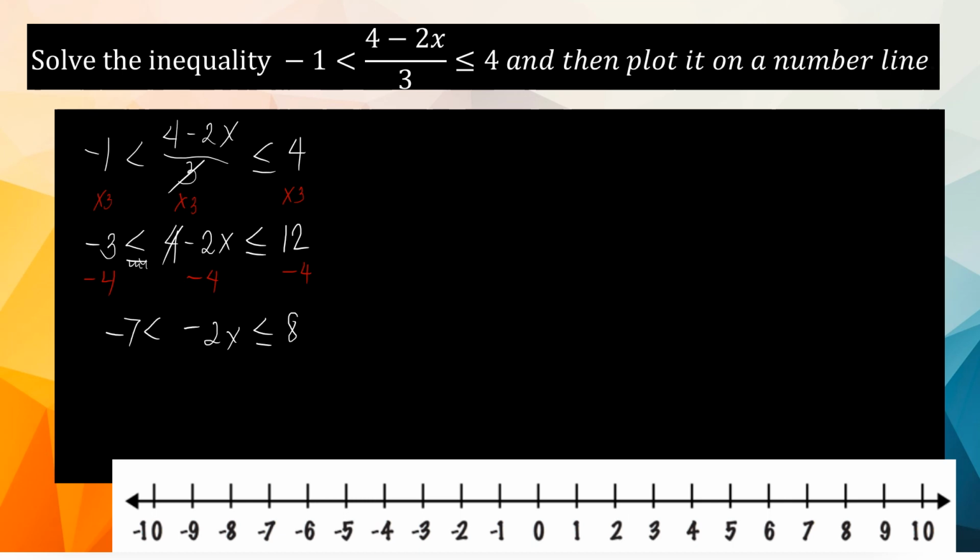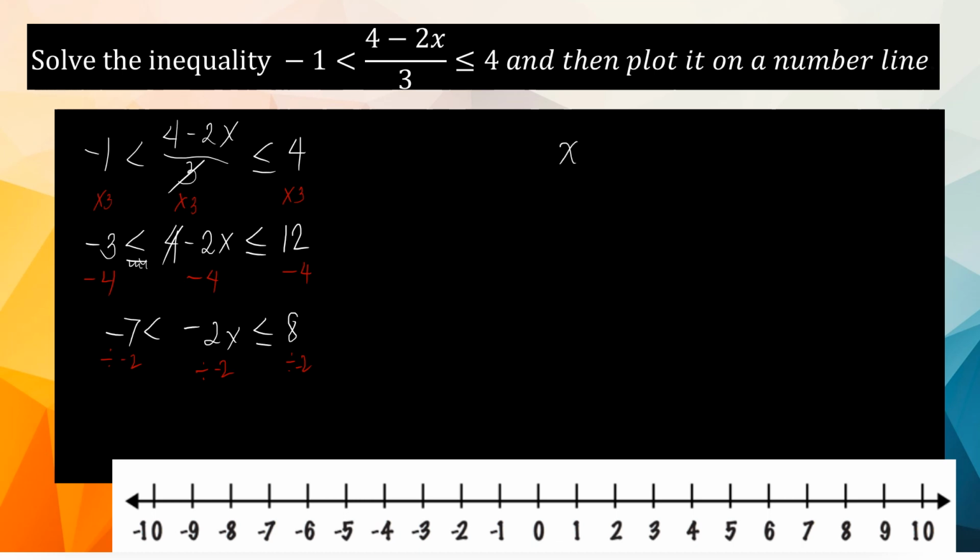Okay, now we're left with negative 2x. So we need to remove negative 2 there. And to do that, we will divide by negative 2. Don't forget the negative. Okay, so if we divide the middle term by negative 2, we will only have an x there. There's no more space, so let's move.